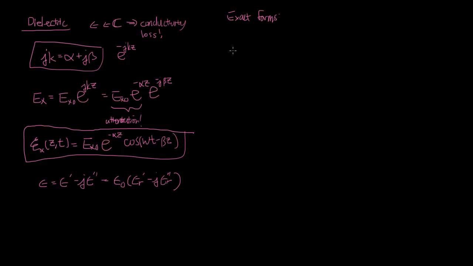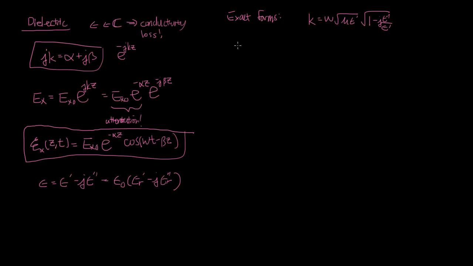If you have a calculator, subsequently we'll be talking about different approximations that are less ugly, but in the meantime, if you have a fancy calculator and none of these expressions look too bad, these will always be accurate. So k is going to be equal to omega square root of mu epsilon prime, times square root of 1 minus j epsilon double prime over epsilon prime.